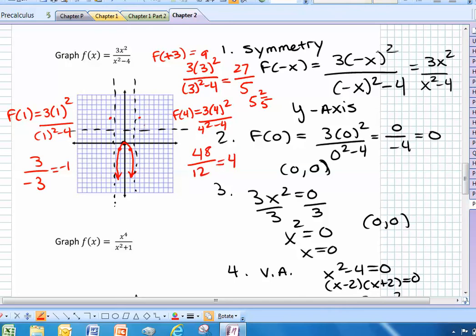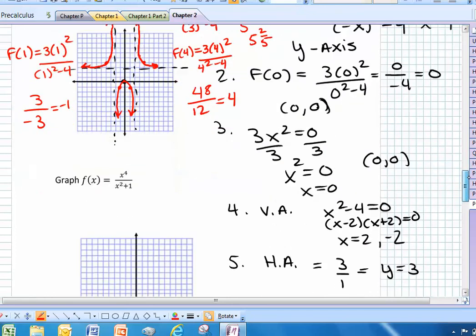So when you put 4 in, you get 4 out, which is right there. And it'll be the same over here on the negative side. So you notice it's going to look something like this on either side. And notice it's symmetric to the y-axis. So that is your graph there.